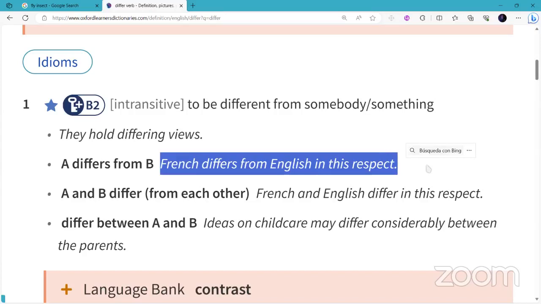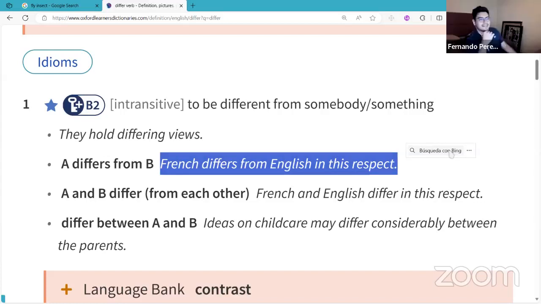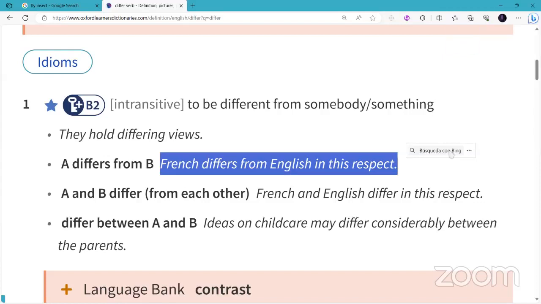French differs from English in this respect. That's right. So we are comparing two things, A and B. In this case, A is French and B is English. French differs from English in grammar, for example. French differs from English in pronunciation, for example. Do you get it?